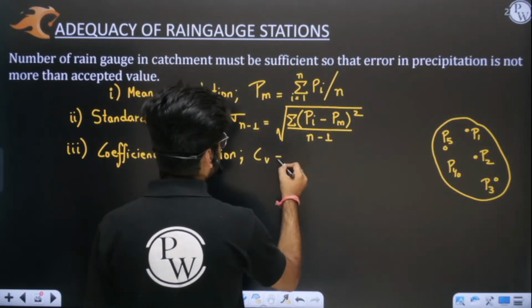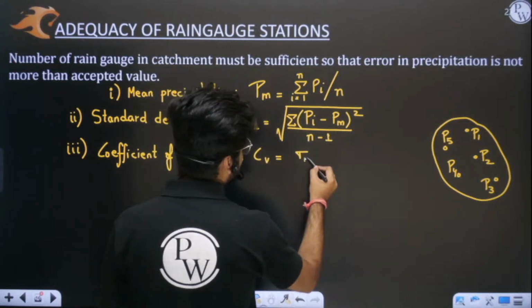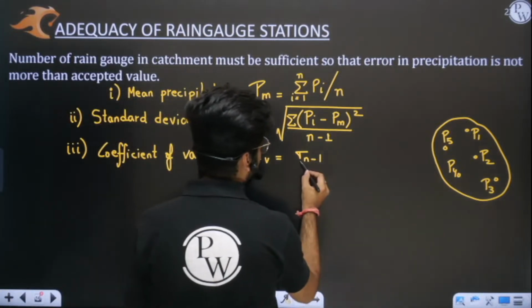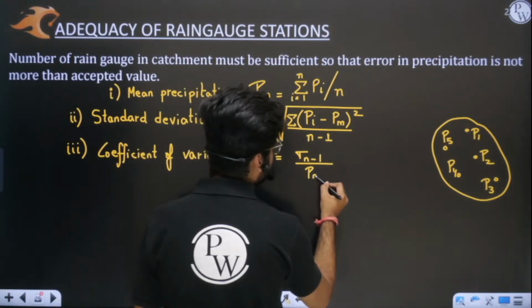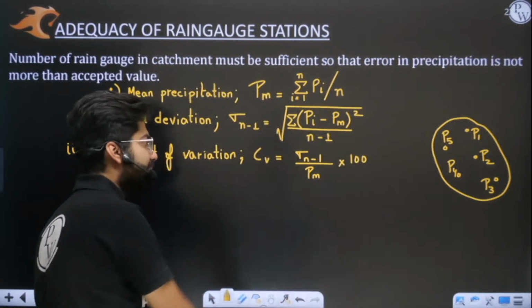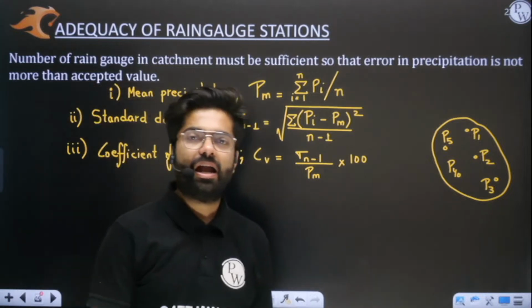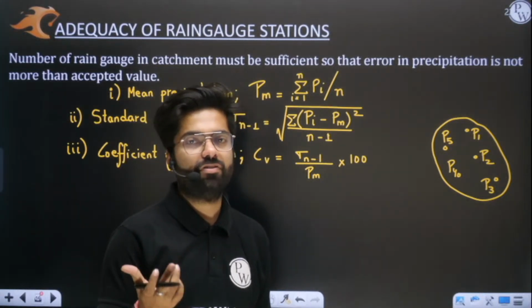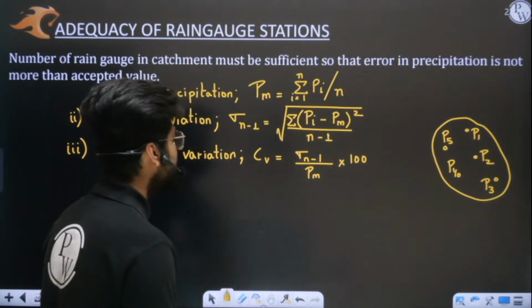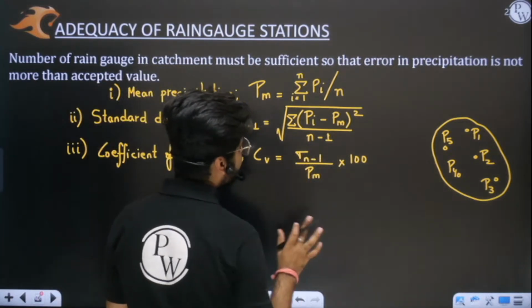CV is sigma, which you have already found out as the standard deviation, upon mean. If we want to find CV in percentage, then we will multiply it by 100. And if we want to find it as a fraction, then obviously we will not multiply it by 100. This is very simple logic. So CV is nothing but sigma upon mean.